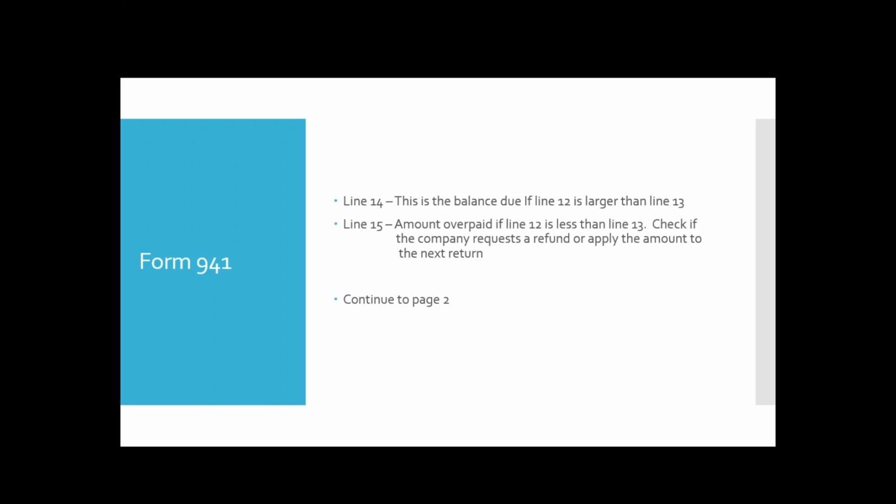If line 12 is larger than line 13, then line 14 is the balance due. If line 12 is less than line 13, then line 15 is the amount of your overpayment, and you should indicate if you want to request a refund or if you want to apply the amount to your next return.